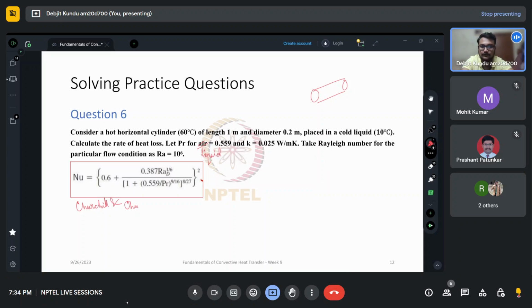So try solving for this, and you can type your answer in the chat box, or you can unmute and say as well. And if you are facing any difficulties while solving this problem, please don't hesitate to talk about it. We will try to figure it out together. I will anyway be solving it after some time, but it's important that you try to do this by yourself, because these are the type of questions we can expect in the final exam for this course.